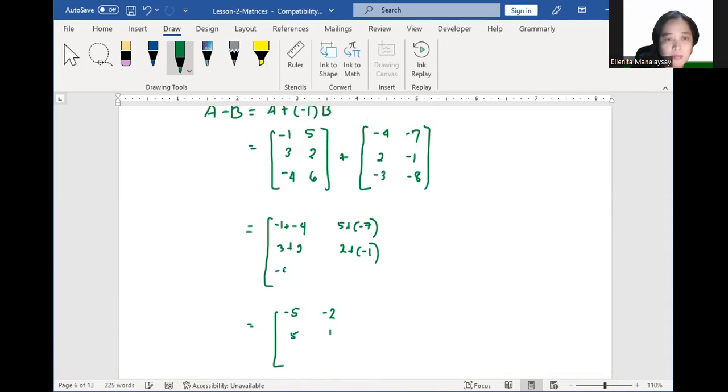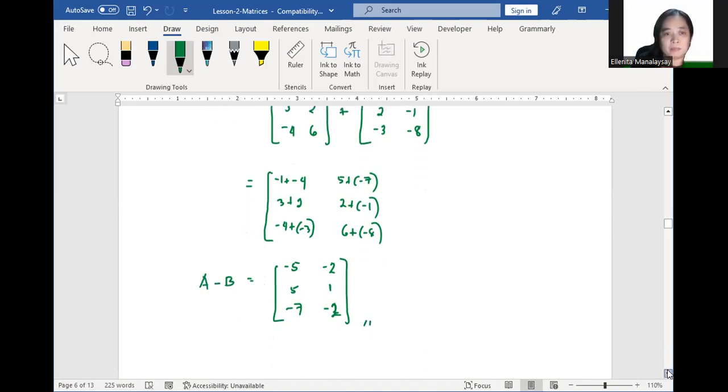And then -4 plus -3 is -7. And lastly, 6 plus -8 is -2. So A minus B is equal to a 3 by 2 matrix whose entries are -5, -2, 5, 1, -7, and -2.